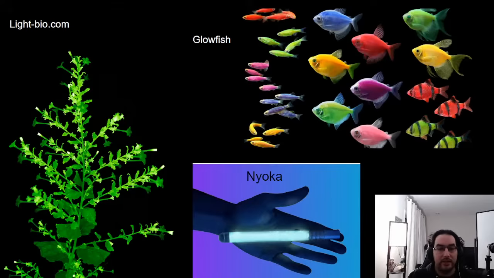And last but not least, certainly not least, we have Nyoka. So what these guys are doing, and for full disclosure, I am actually working with them. I do need to say that. What Nyoka is doing is they're taking the systems from bioluminescent species, things like fireflies or glowing bacteria or mushrooms.